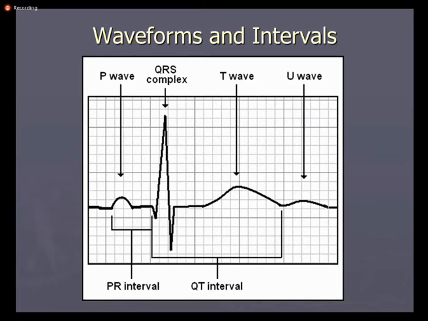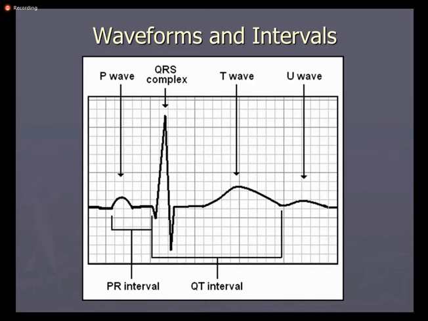When two complexes are joined, for example the P wave and QRS joined by a flat line which joins the P wave to the QRS complex, this is called the PR segment.